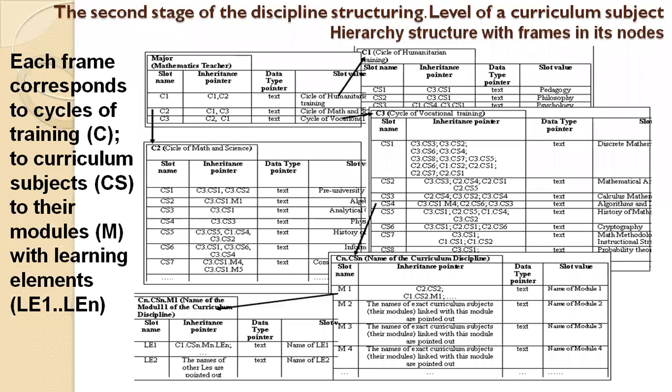On the second stage, the hierarchy structure with the frames in its nodes is built, and each frame, which in fact is a table of special structure, each frame corresponds to cycles of training, to curriculum subjects or courses, to the modules with learning elements inside of them.